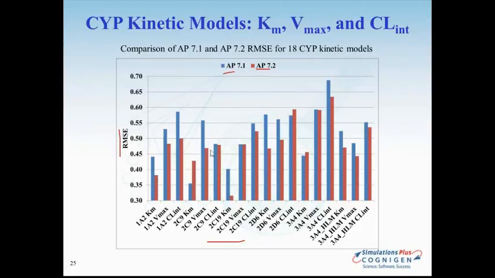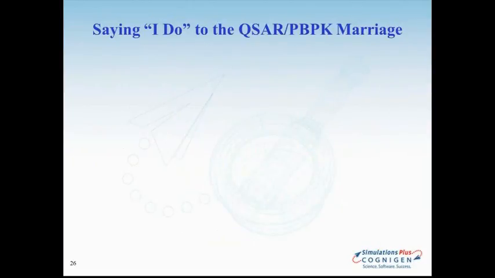What you can see going across here is that most of the red bars are lower than the blue bars, indicating an improved model. There's a couple of exceptions here. For 2C9 KM, the root mean square error actually got worse. Here you can see that the KM is much better for 2C19 in ADMET Predictor 7.2. So overall, there is improvement in the root mean square error for these models.